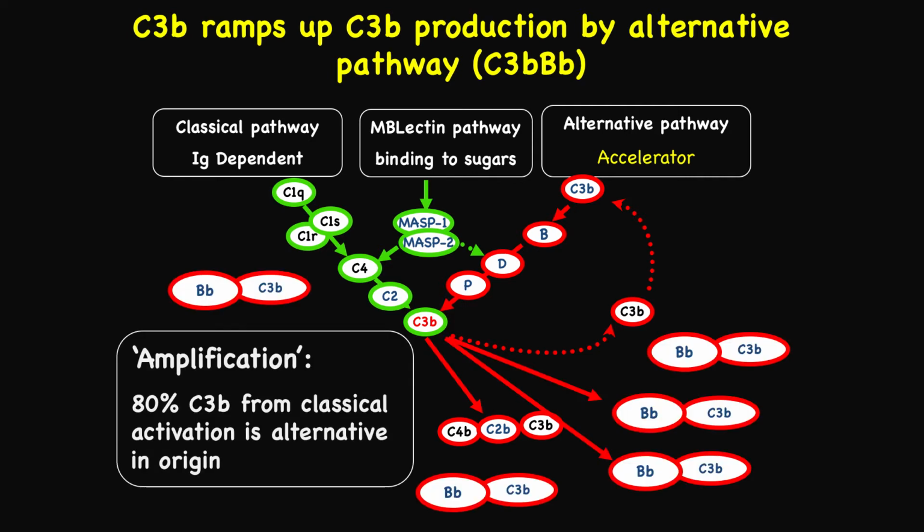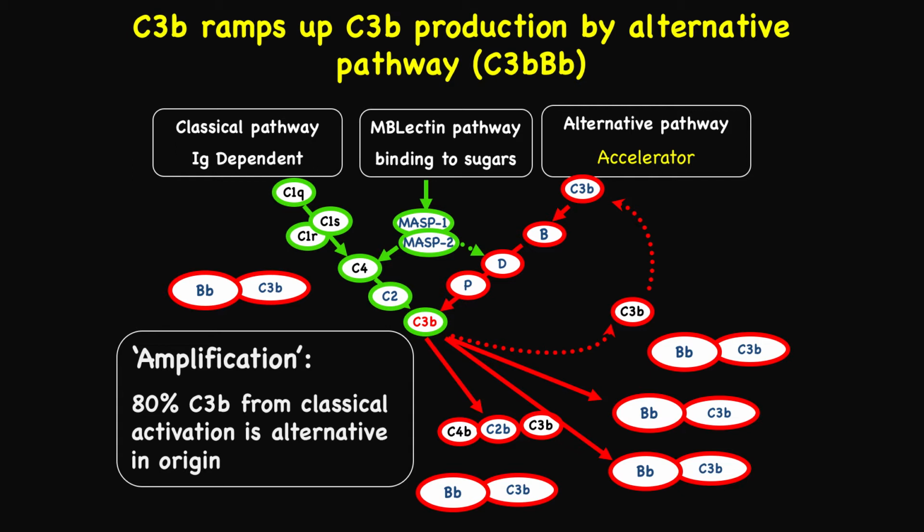Probably about 80% of your C3b that's subsequently generated in any immune response, even if it came originally from the classical pathway, is coming from the alternative pathway. Now, this is a very powerful system, and the whole point of the system is to clear immune complexes and prevent inflammation. But counterintuitively, it's true. But that's really the goal here.